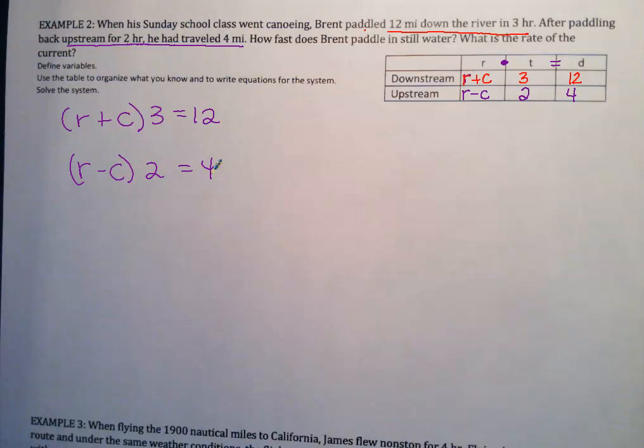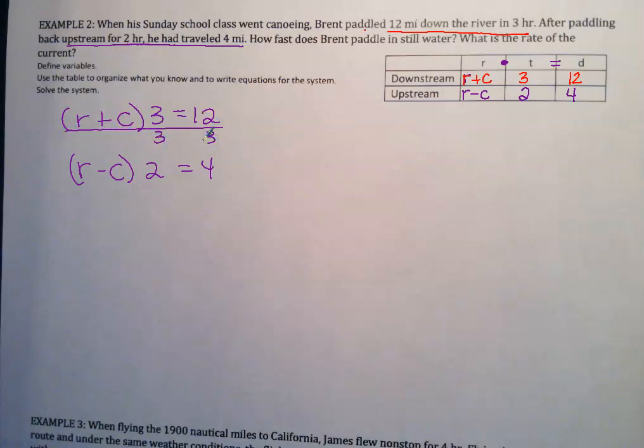If I can keep them in this form, the C's will cancel. But you have a 3 that you're supposed to distribute. So how can you get around distributing that? We can divide it out. We can go ahead and divide by 3 on both sides.